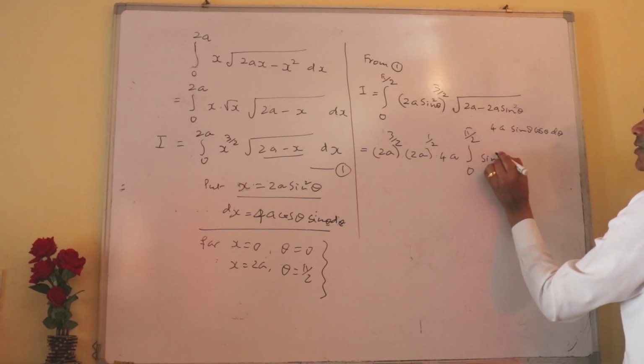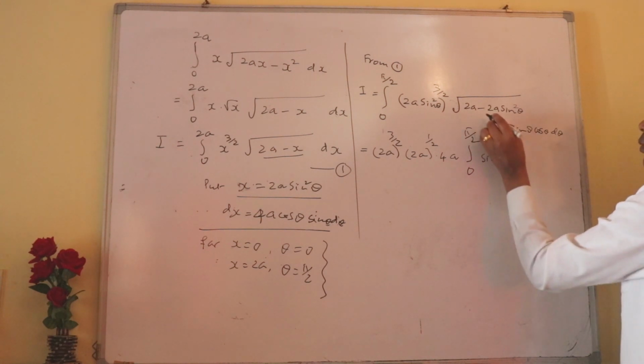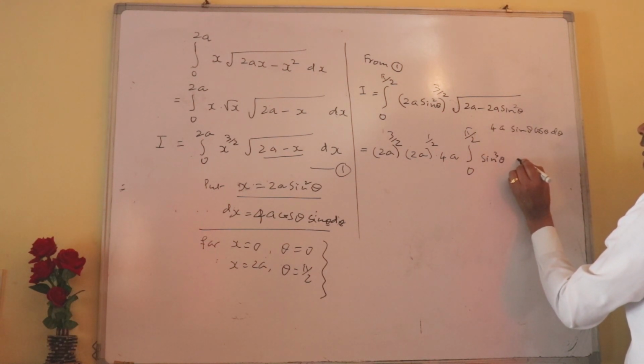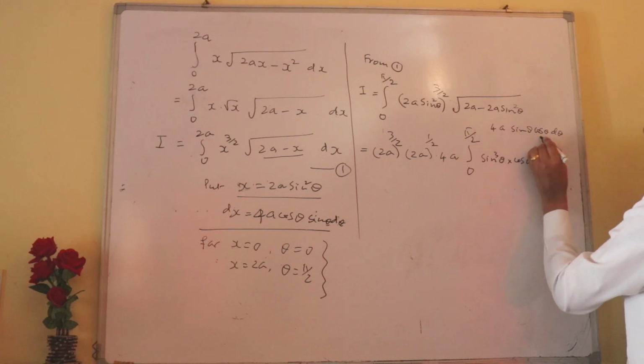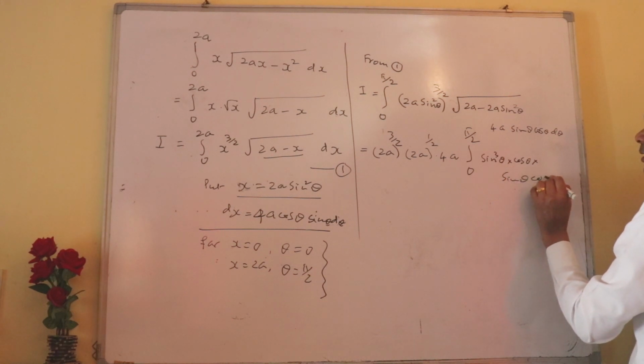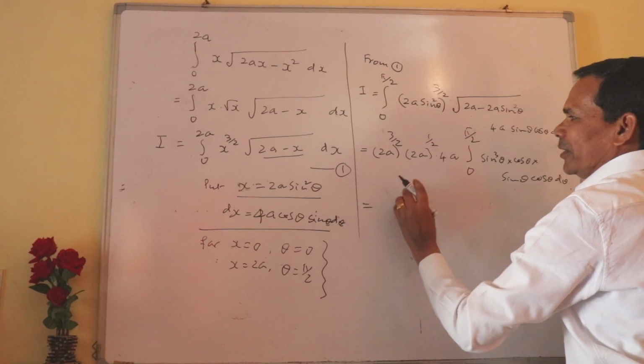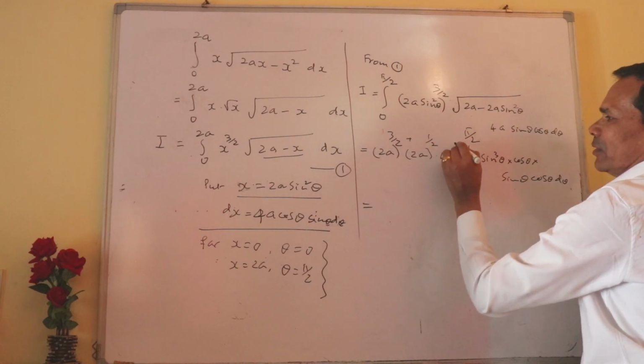If you simplify this, sine cube theta, and root of 1 minus sine square theta is cos theta, multiplied by here sine theta cos theta d theta.